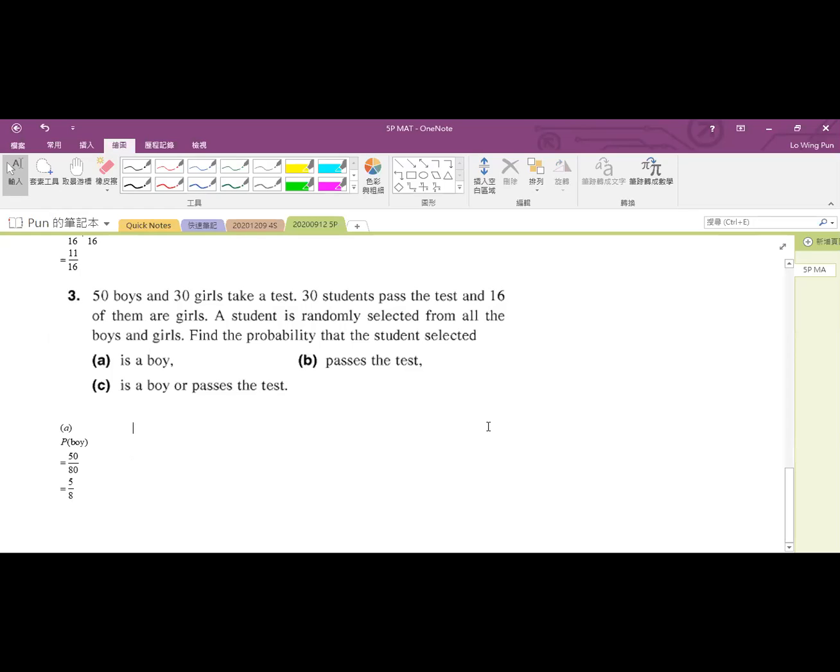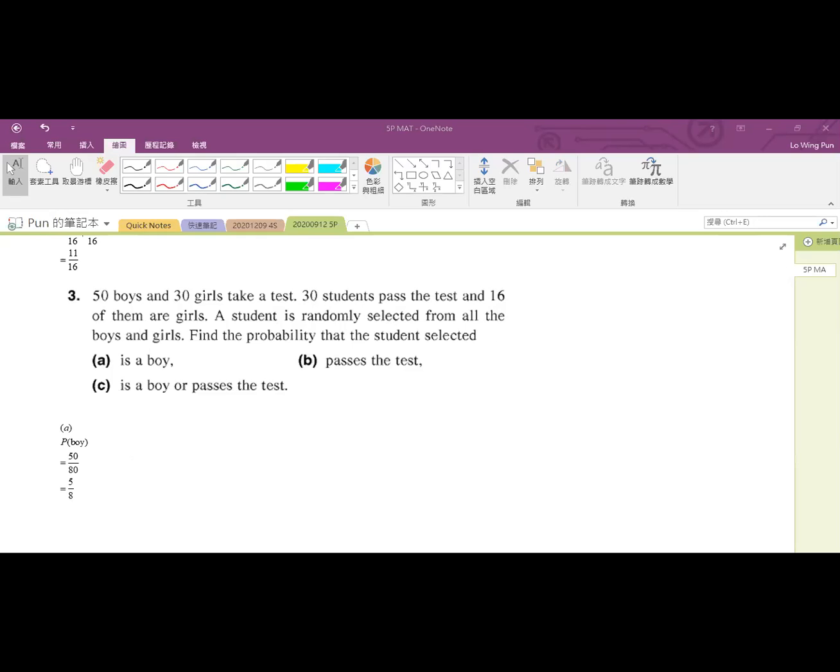And then in part B, find the probability that the student selected passes the test. Okay, how many of them passes the test? Here, okay, and we want to find P passes the test. And again, we are selecting one student from the 80 students.